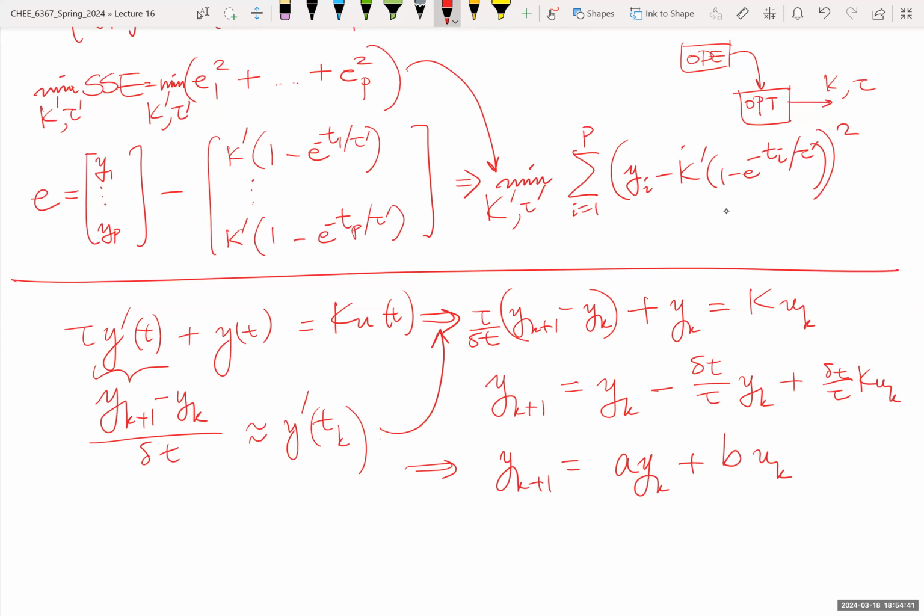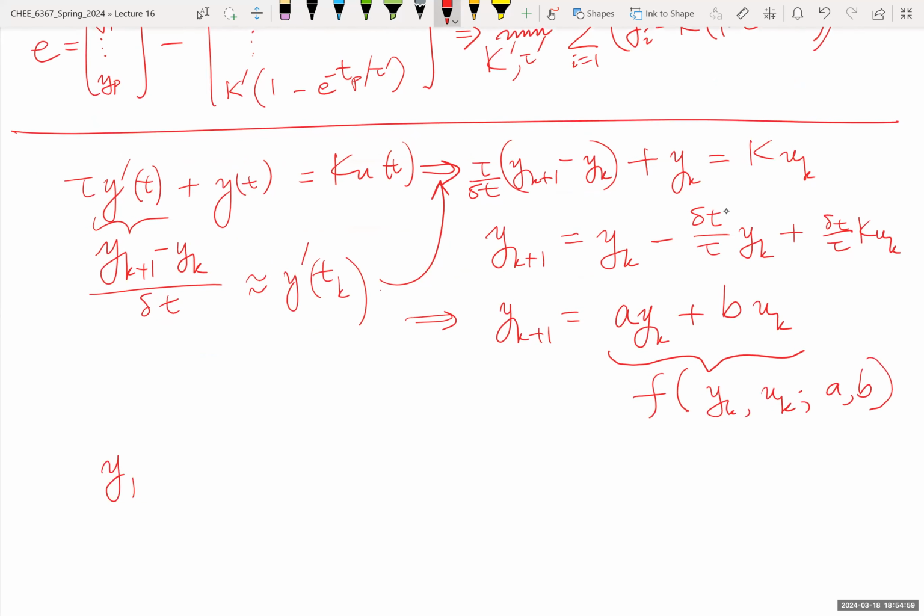The interesting part is now people have developed a method that says, why don't I consider this to be a function of y_k and u_k and the parameters a and b? And why don't I create an error between this measurement and that output? So the model output will be a y_k plus b u_k. And this I know exactly, it's what I throw in. Well, this I know with noise, but I'll pretend that it's okay. And it's now part of my model.